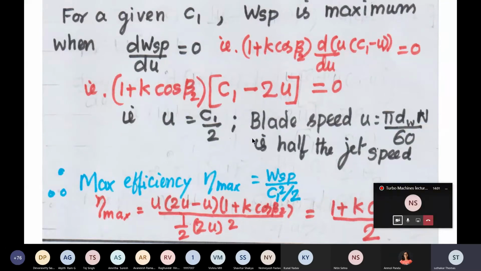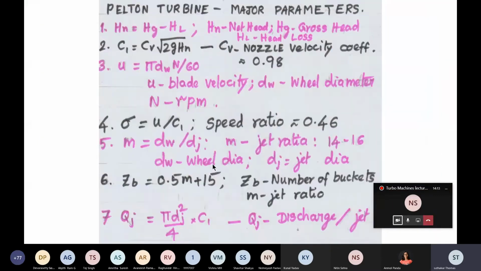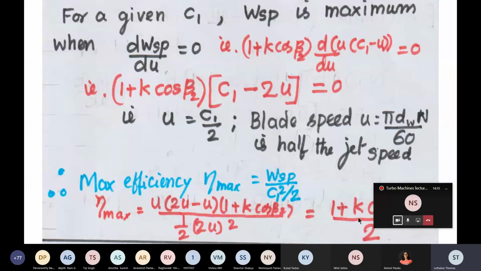Energy conservation is there. Some mathematics here, and then finally you get the expression for maximum efficiency. U is equal to C1 by 2. If you substitute, you get the expression (1 plus K cos beta 2) by 2.